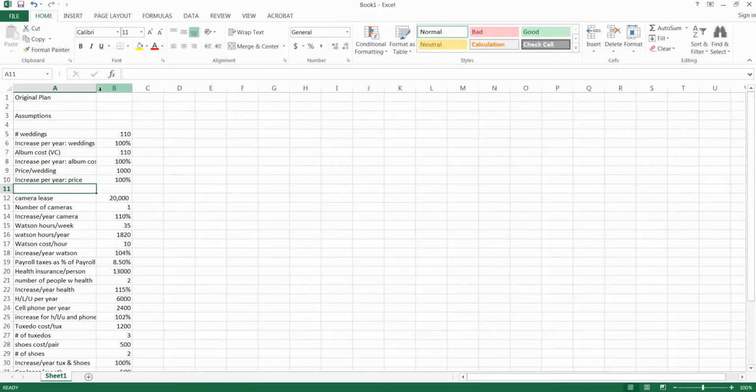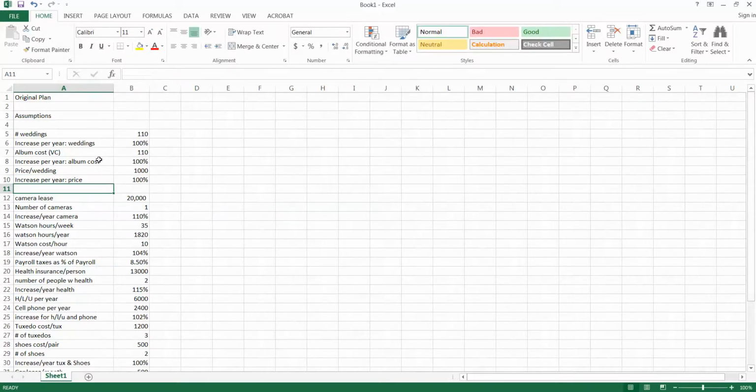That way, if we later have a scenario where we need to change one of those from 100%, right now they're all at 100% because they expect no change, I can do that without having to add anything to my spreadsheet. My camera lease is 20,000 and the number of leases I'm entering into is 1. My increase per year is 110%.